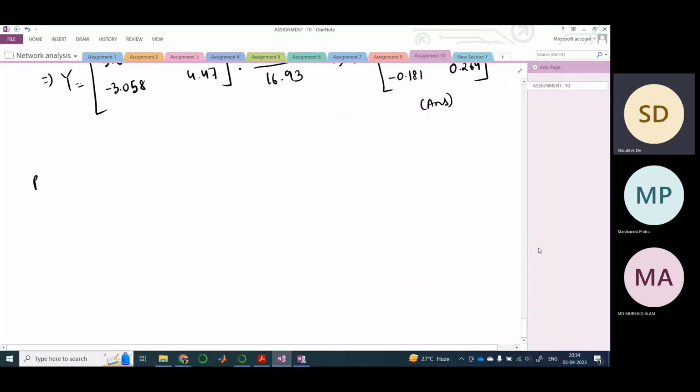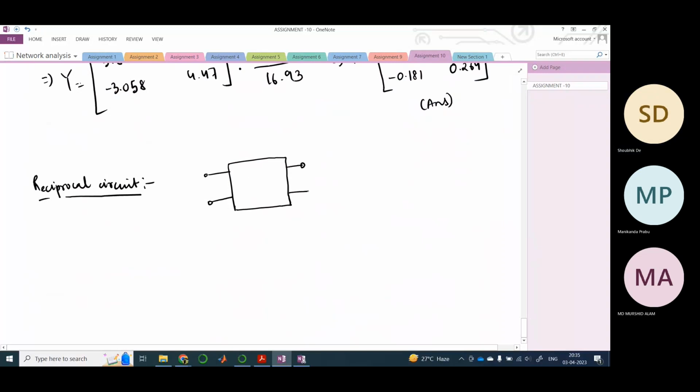So what is a reciprocal circuit? Let us consider this circuit here, right? A two port circuit, okay.